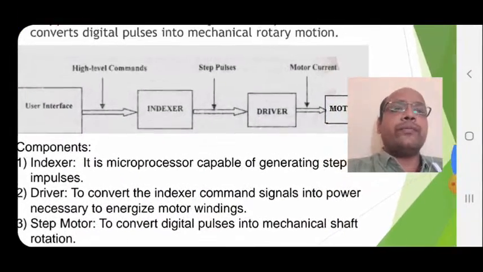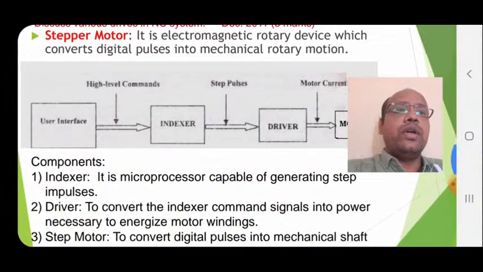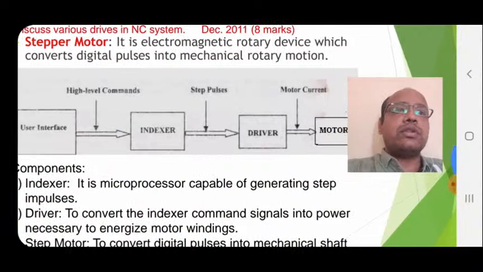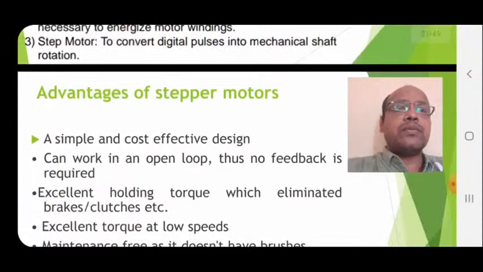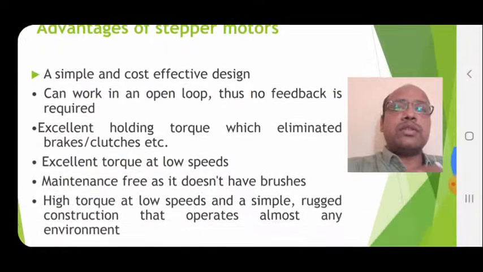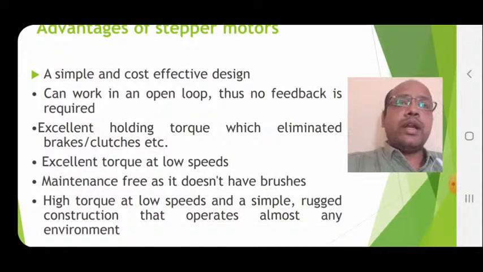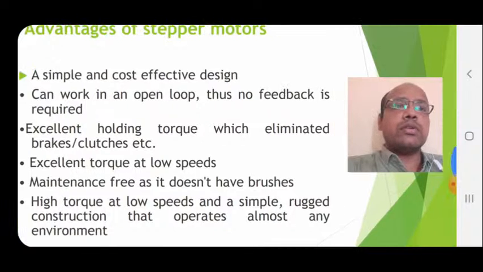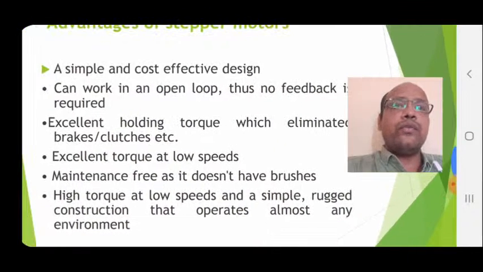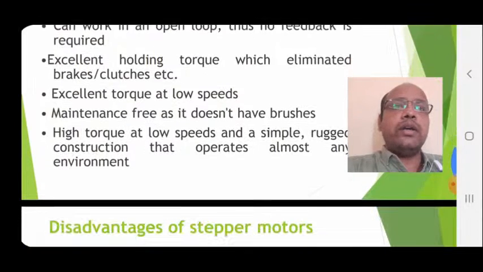So this is a schematic of a stepper motor which explains the function of the stepper motor. Next, the advantages of the stepper motor that we will see. Simple and cost effective design. This is the first advantage. It can work in an open loop system, thus no feedback system is required.